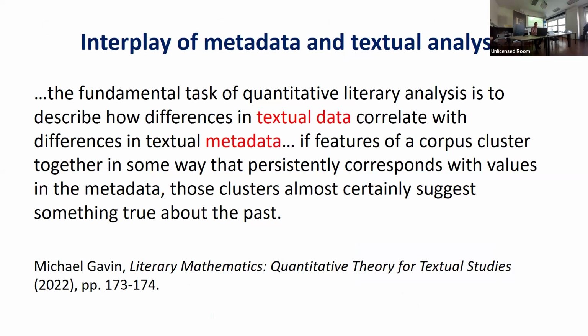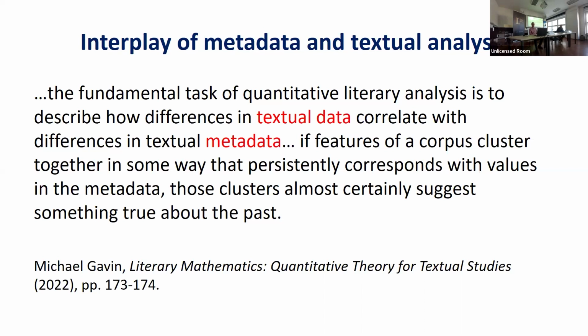This is nicely illustrated by a recent book written by Michael Gavin. This is the quotation that underlines the interplay of metadata and textual analysis. "The fundamental task of quantitative literary analysis is to describe how differences in textual data correlate with differences in textual metadata.